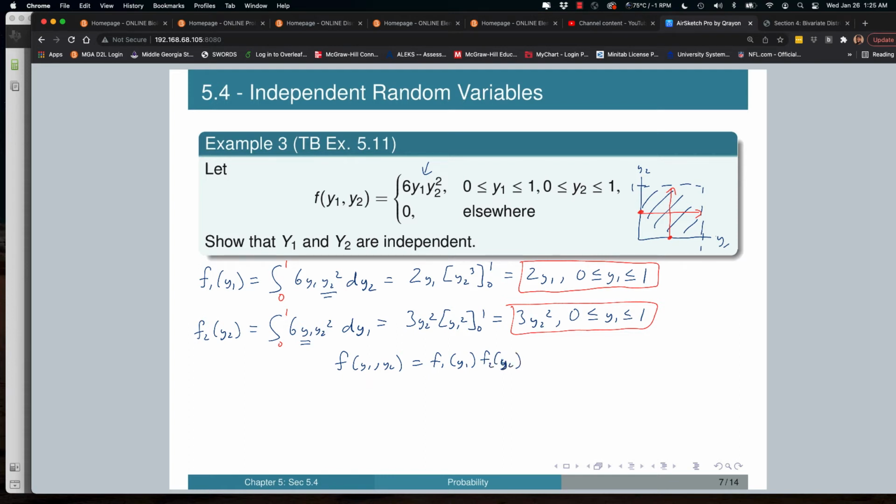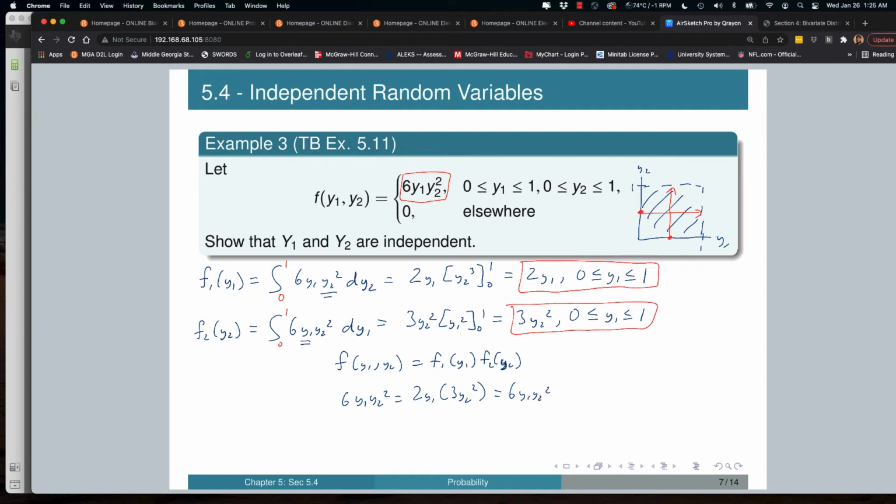All right, y sub 2. That's saying that taking just the actual function from above up here, let me highlight that in red for us, does that equal the two marginal functions, 2y sub 1 times 3y sub 2 squared? When we multiply it together, that gives me 6y sub 1 y sub 2 squared.